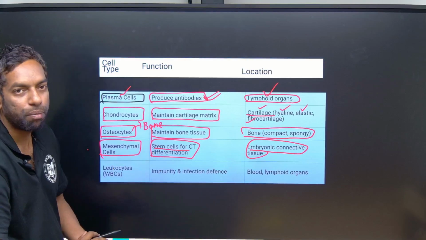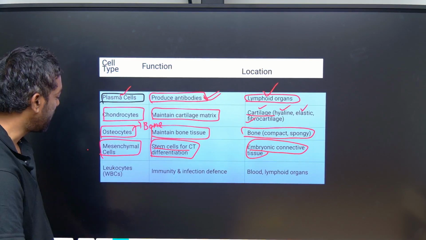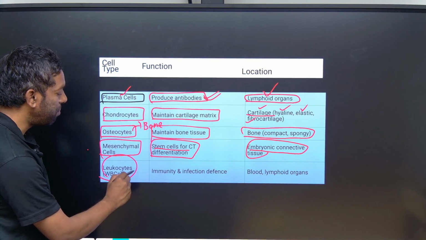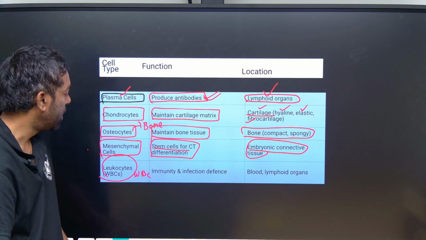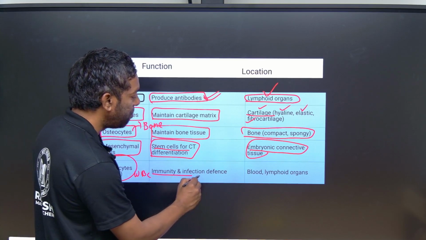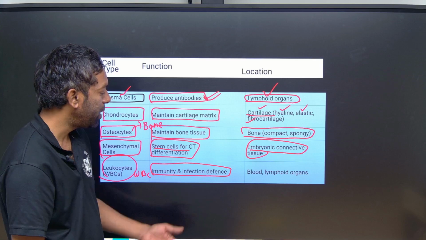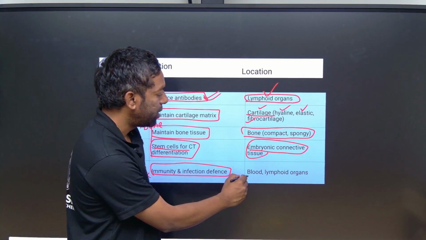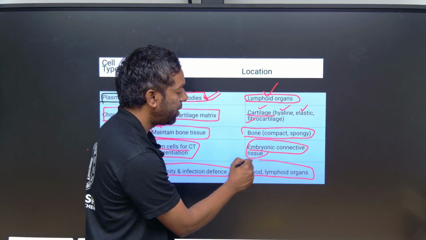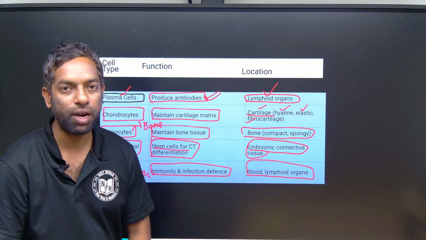Mesenchyme is the embryonic connective tissue from mesodermal origin. Leukocytes mean WBC. What is the function of the WBC? It maintains immunity and infection defense, and it is located in blood and, obviously, lymph, blood and lymphoid organs.